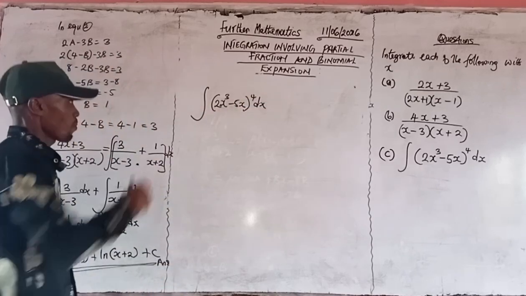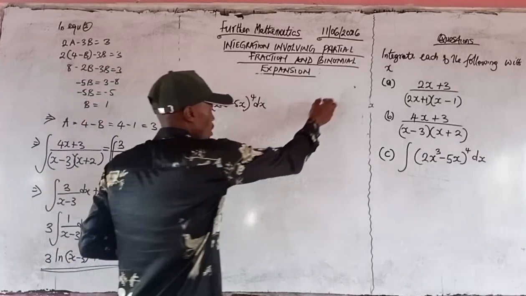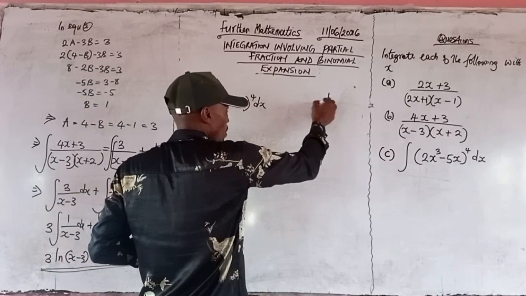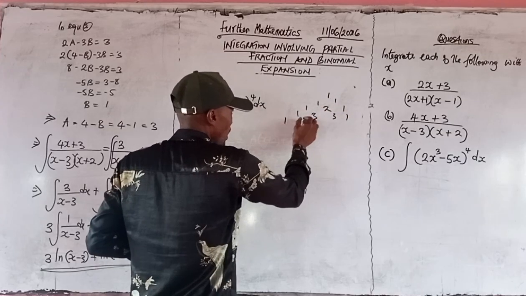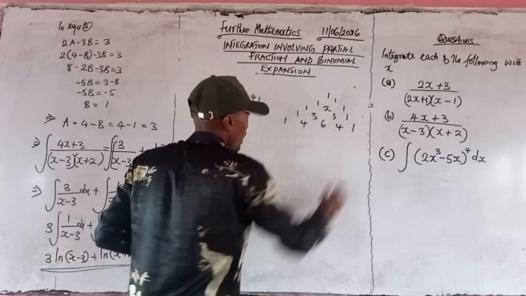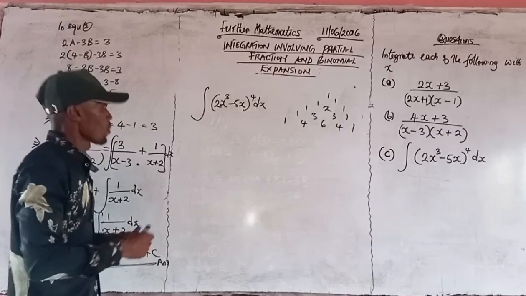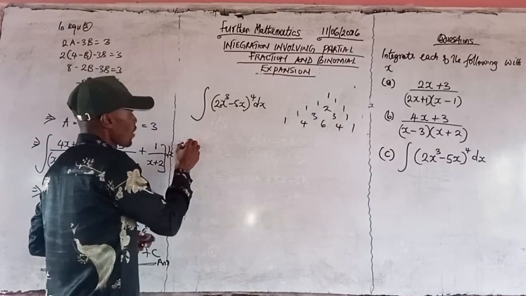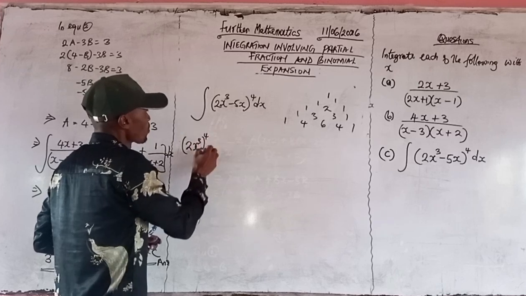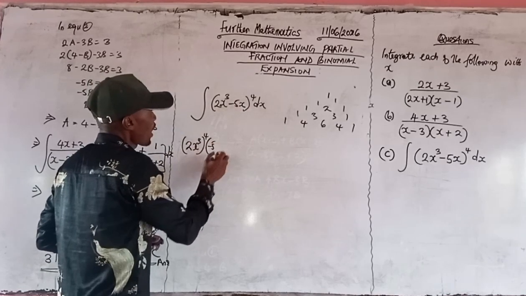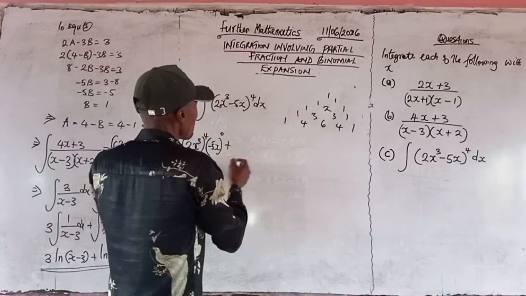So let us apply Pascal's triangle. From Pascal's triangle, we can see that we have 1, 1, 1, 2, 1, 1, 3, 3, 1, 1, 4, 6, 4, 1. So these are the coefficients of this function. Let's go. The first coefficient is 1, so we'll have (2x^3)^4, and we have (-5x)^0, plus the next coefficient is 4.